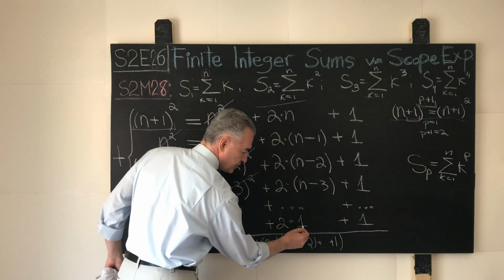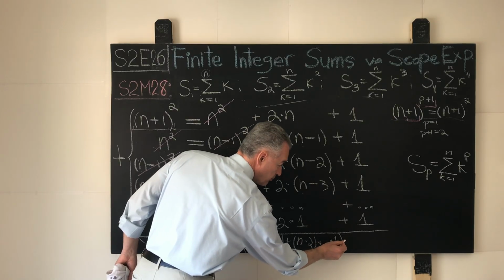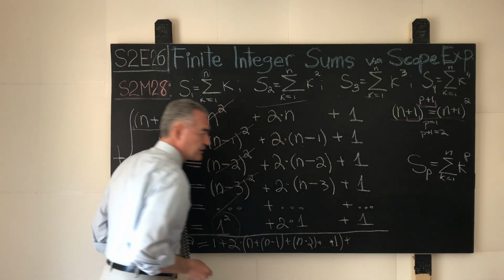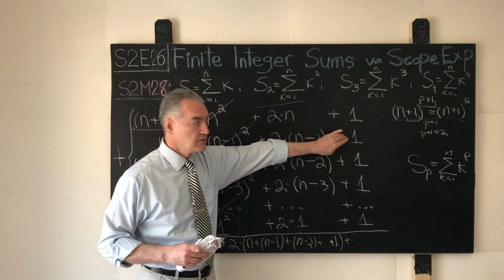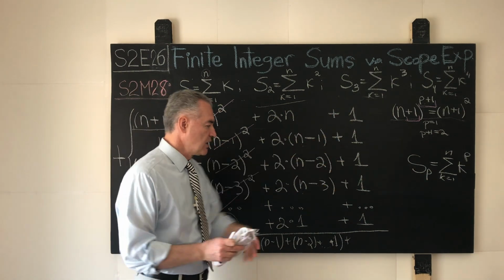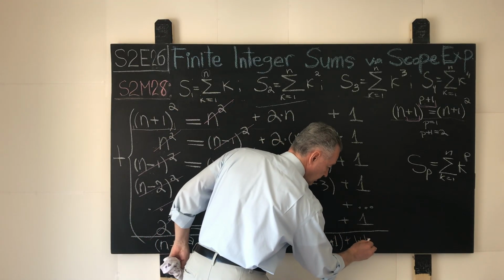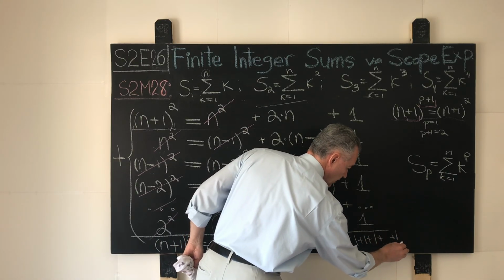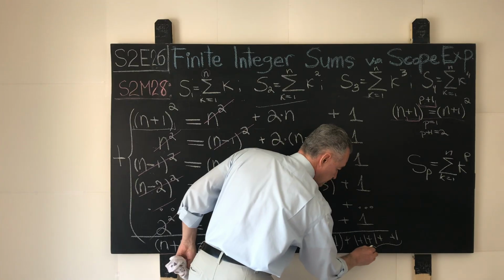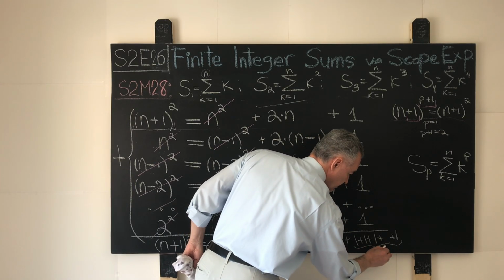It's this one right here, this plus 1 right here, plus what else? Plus 1 plus 1 plus 1 plus 1. So these ones, 1 plus 1 plus 1 plus and so on plus 1, will be repeated how many times? Precisely, these will be repeated n times.